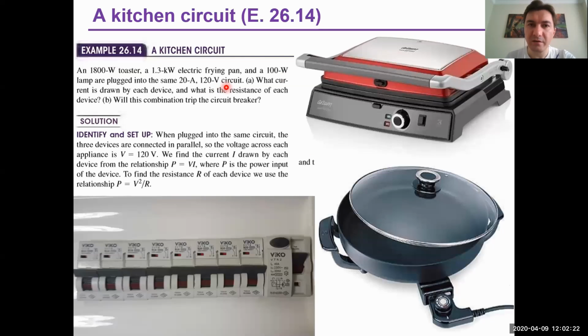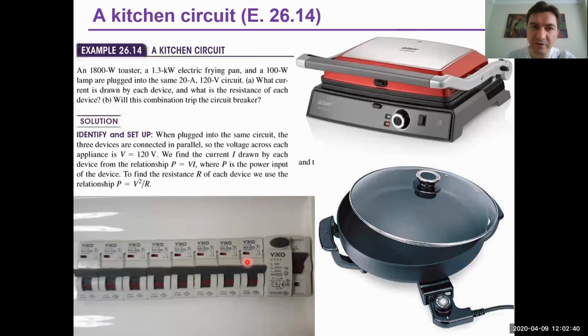So we have a toaster, an electrical frying pan, and we also turn on the lamp of the kitchen, and we are using 3 of them, and this is the main power of the house.